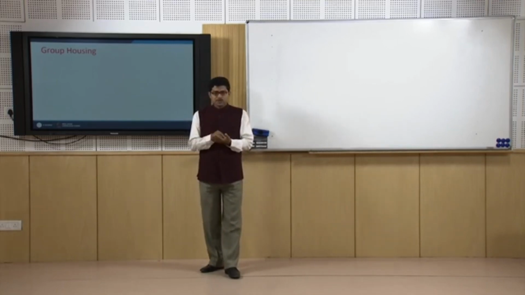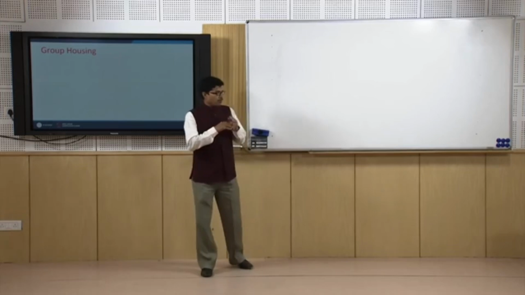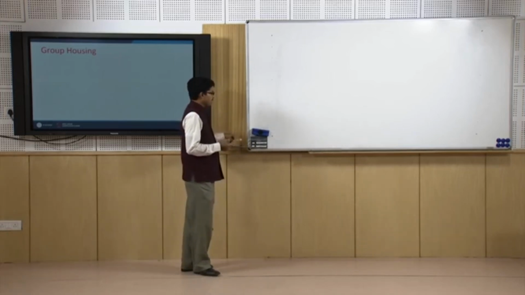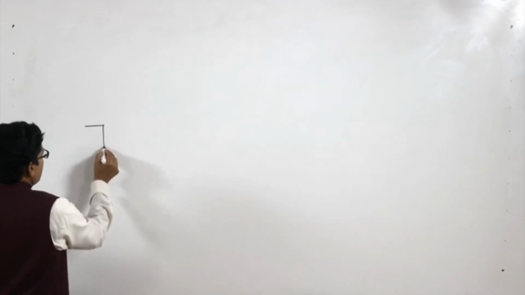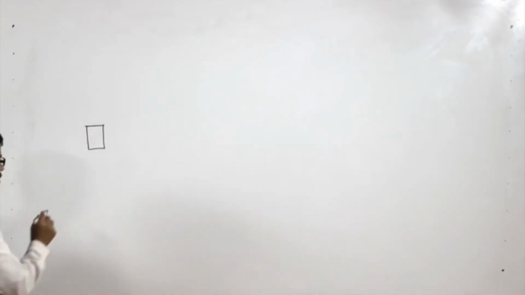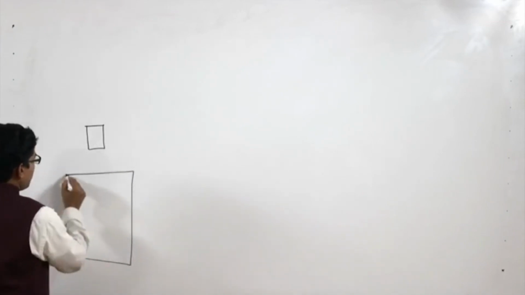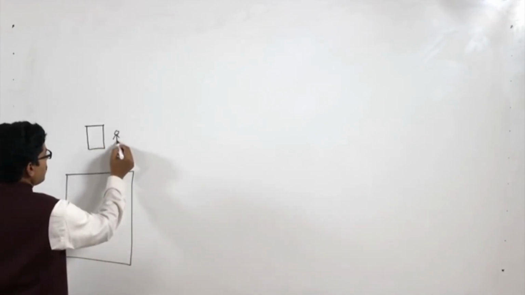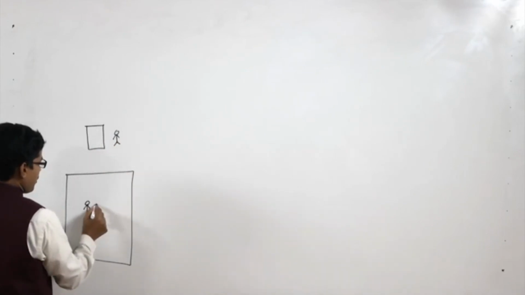In group housing we are not going to give an individual plot to any person. We are going to make an overall design of the plot in terms of the buildings. In plotted housing the size of the plot is smaller; in group housing the size of the plot is very big. Here the number of dwelling units is one or two, but here it is a group.